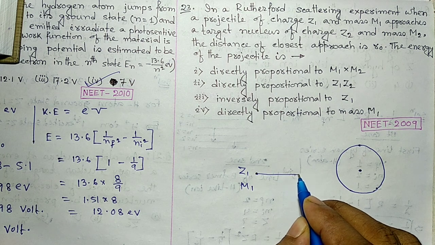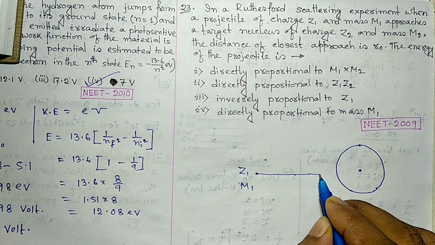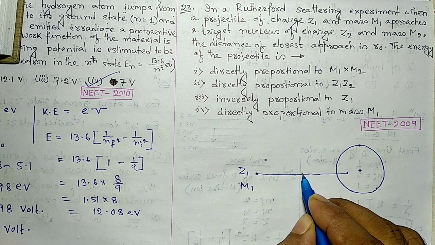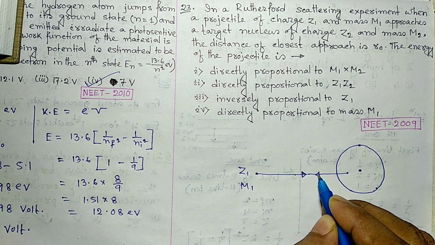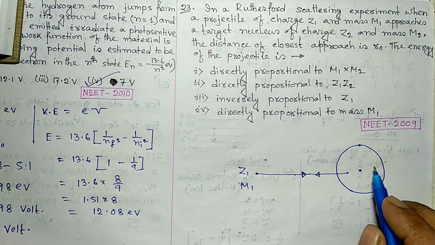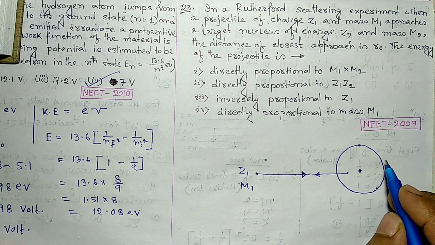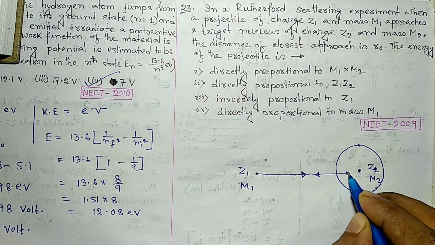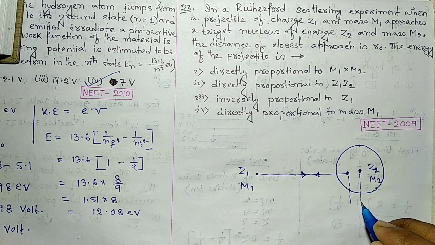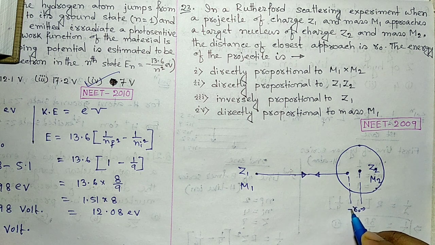It comes closer to the nucleus that much and rebounds back due to the electrostatic repulsion. The charge of the nucleus is Z2, mass is M2. So this is the closest approach R0.